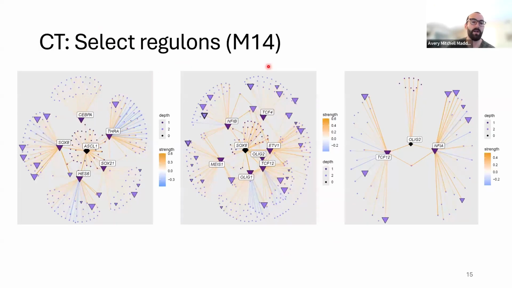So zooming in for module 14, we looked at regulons defined by transcription factors that were at the hub of module 14, and we see some interesting relationships emerge. So we can see ASCL1 acting on SOX8, and we can see SOX8 acting on OLIG2, and then we can see OLIG2 going on to extend its interactions elsewhere.